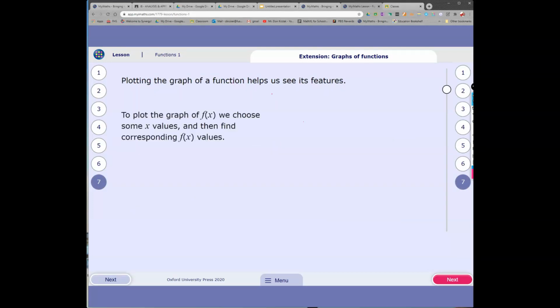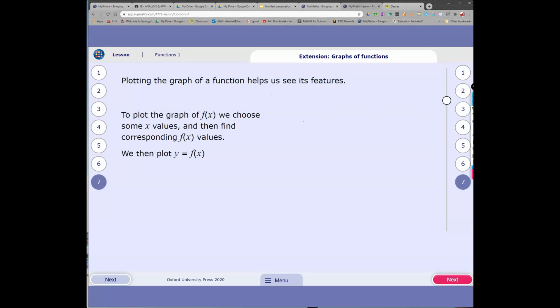So to plot a graph of f of x, we choose some values, and then we find the corresponding function values. The values you choose go in for your x, and then you apply your rule to get your output or your y values.